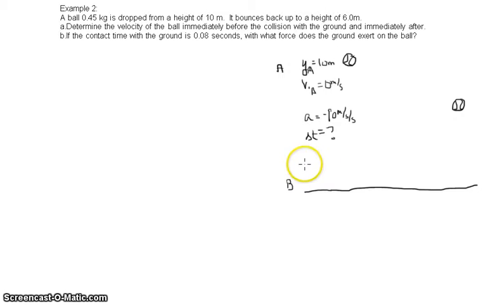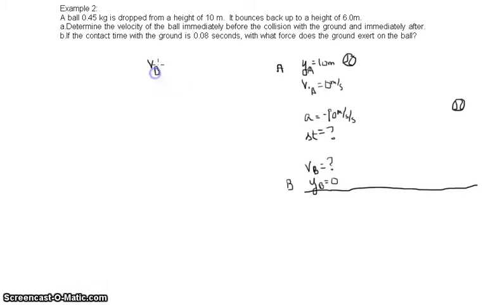Alright, we don't know the velocity at B, so we have no idea what the velocity is right before it hits the ground. And we know the final position at B is equal to 0. So if we look at this, we have negative 10 as our acceleration, our initial speed is 0, and our change in height is 10 meters, so we can use the following expression.